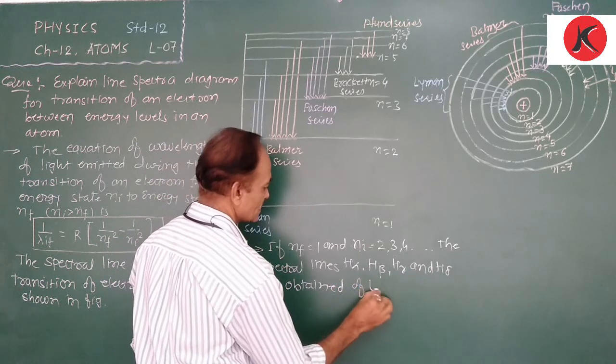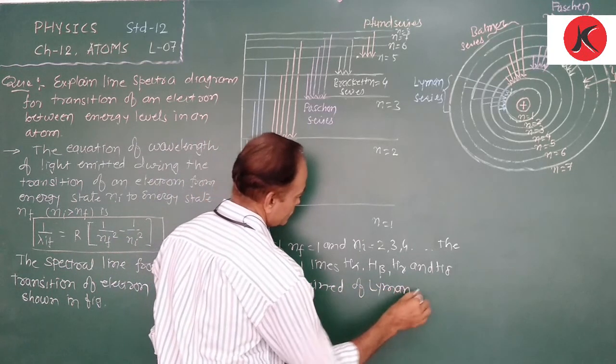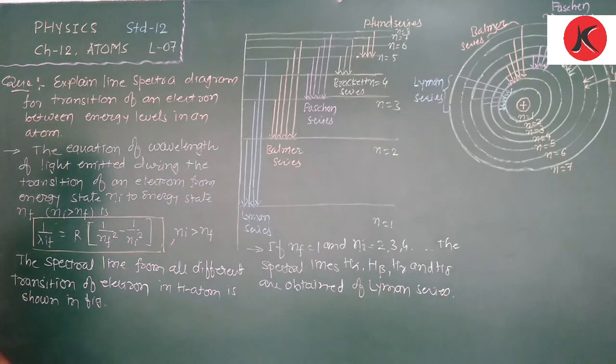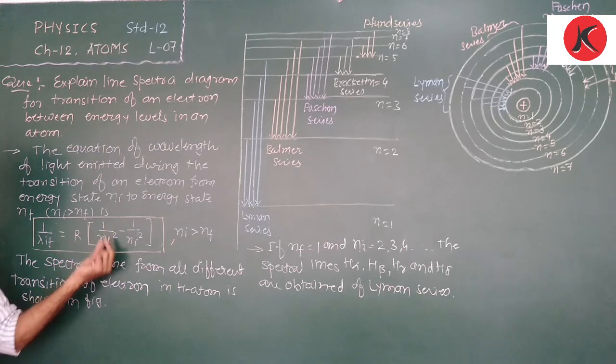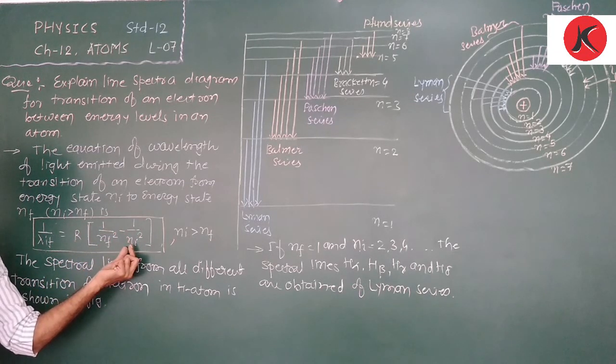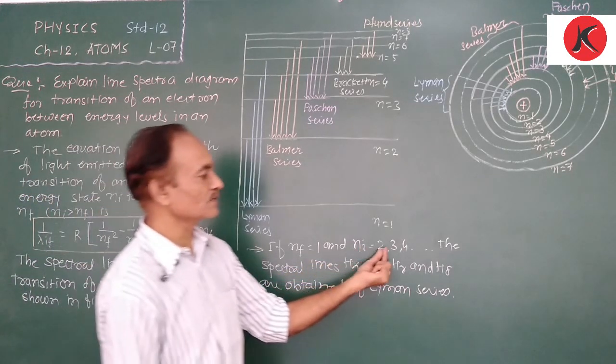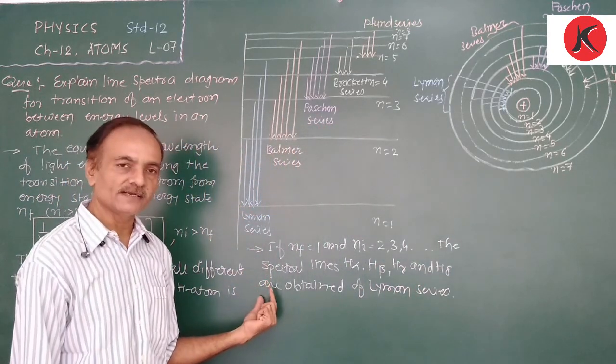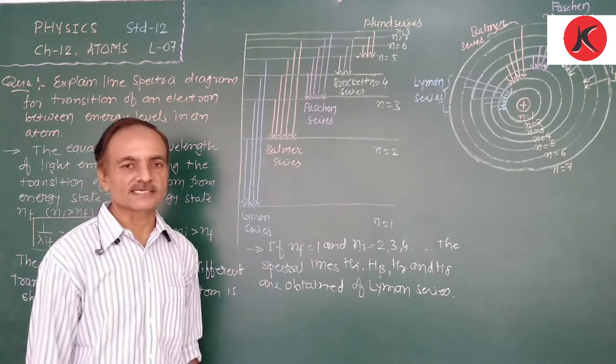Because the general equation for the Lyman series is 1 upon lambda is equal to R into bracket 1 upon 1 square minus 1 upon n square, where n has the value 2, 3, 4. Therefore, whatever the wave number or wavelength is obtained, that falls in the Lyman series.